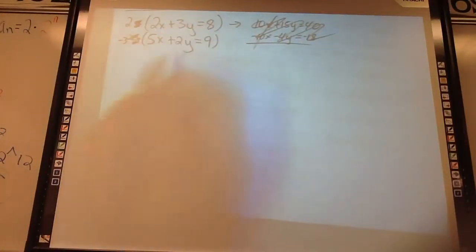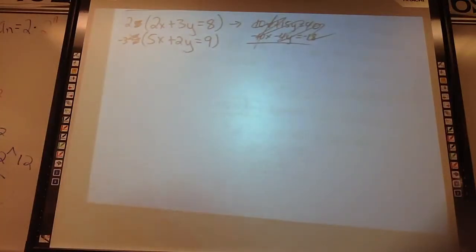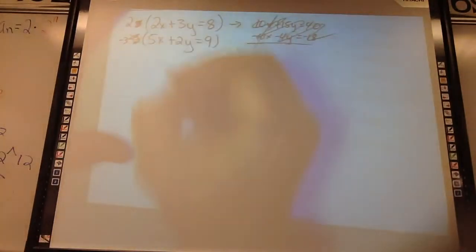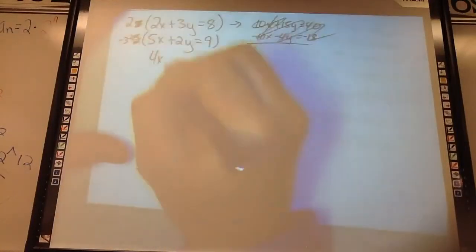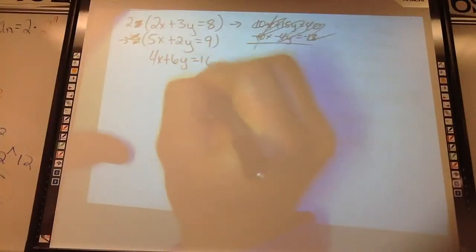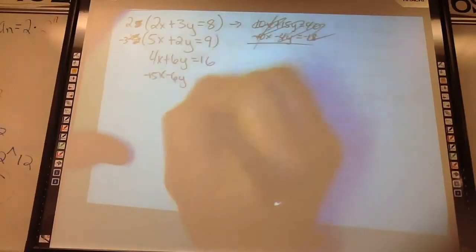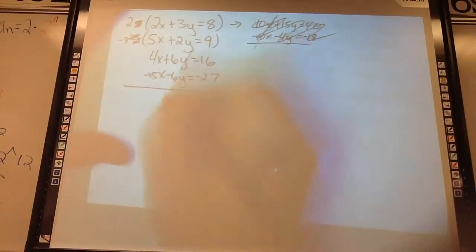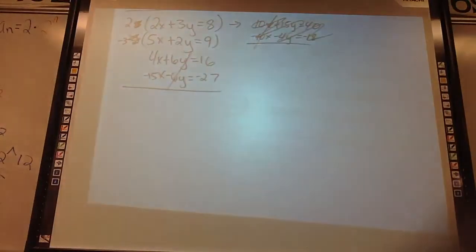I'm telling you negative 3 because you could do positive and then subtract, but people always mess that up. Just make sure one's positive and one's negative, and it'll make your life a lot easier. Then you can just add them. You'd have 4x + 6y = 16, and negative 15x minus 6y = negative 27. The y's get eliminated, and you can solve for x and plug it back in.